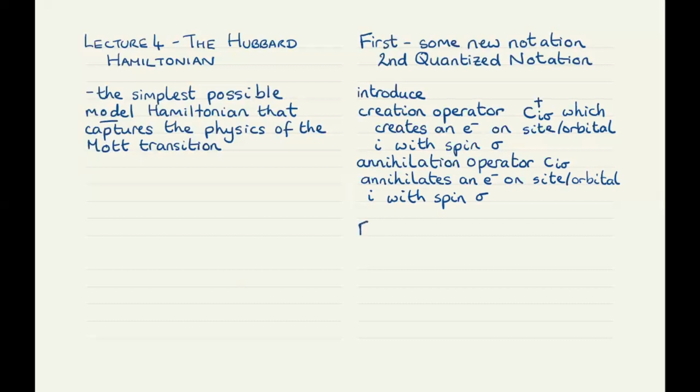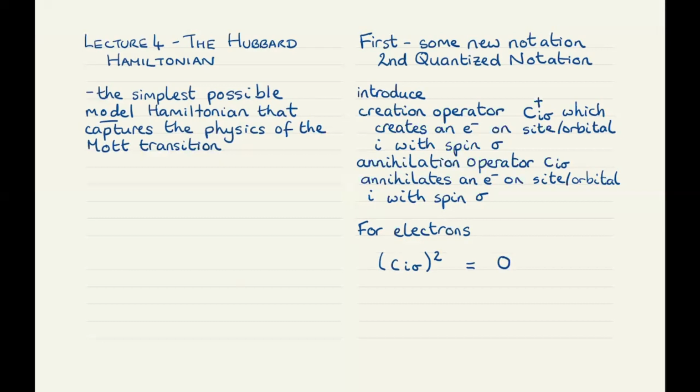For the case of electrons, which obey Fermi statistics, we know we can't have two electrons on the same site with the same spin. And so we can write down immediately that if I try to annihilate twice an electron on site I with spin sigma, I'm always going to get a zero, because there can never have been two electrons on site I with spin sigma.